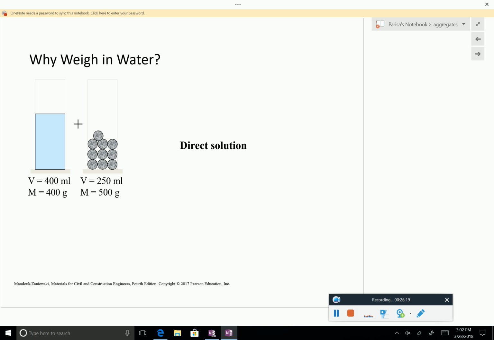Okay. So when we measure specific gravity in the lab, you need to know the absolute volume for density, and this is hard. In the ideal world, you would know the absolute volume and just divide the mass.